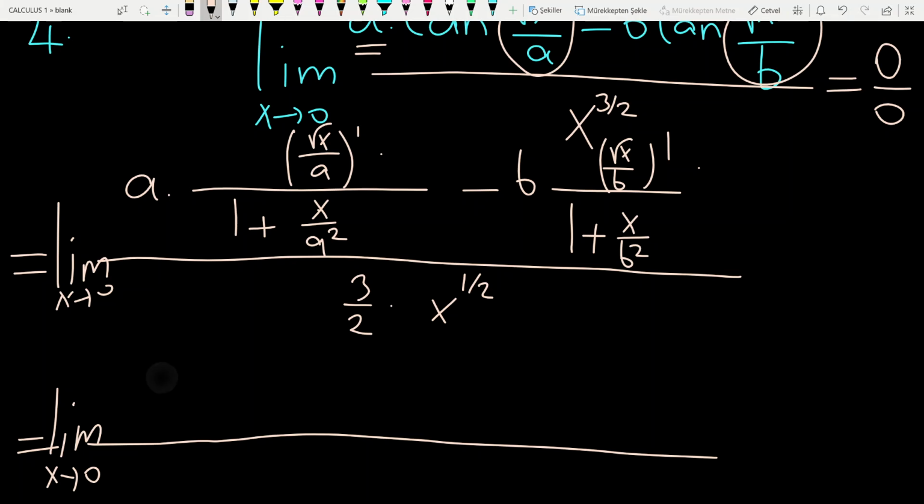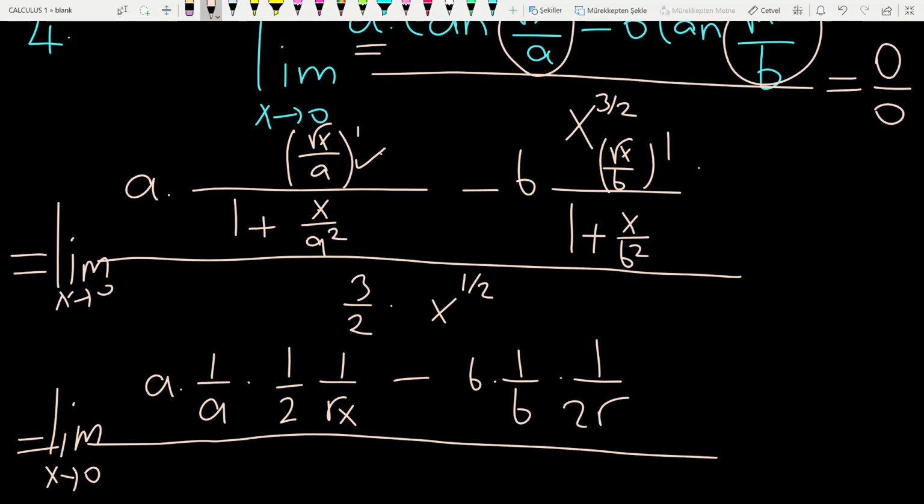We have a times, I take the derivative of this expression, 1 over a times 1 over 2, coming from the derivative of square root of x, 1 over square root of x, minus the same thing here, b times 1 over b times 1 over 2 square root of x.